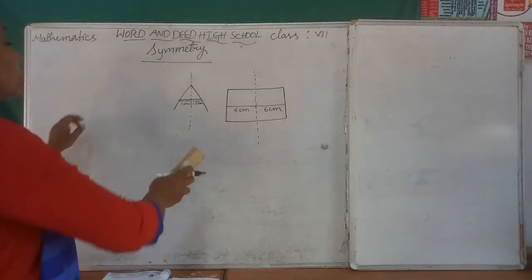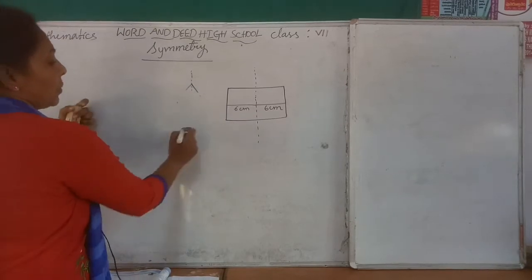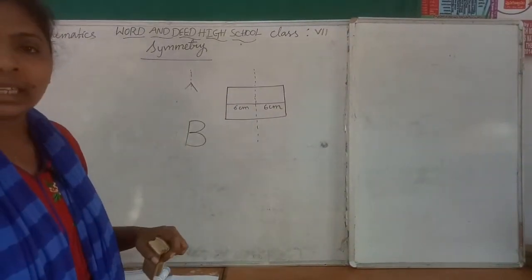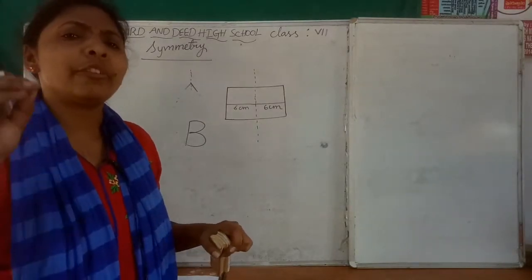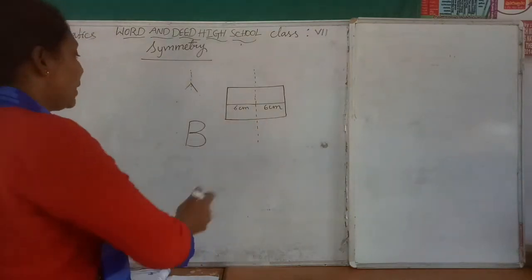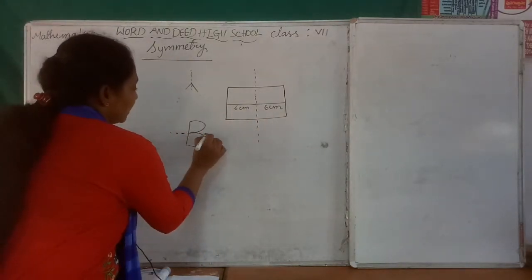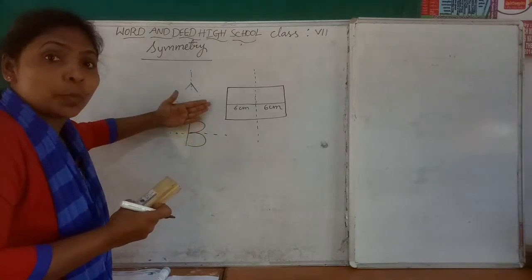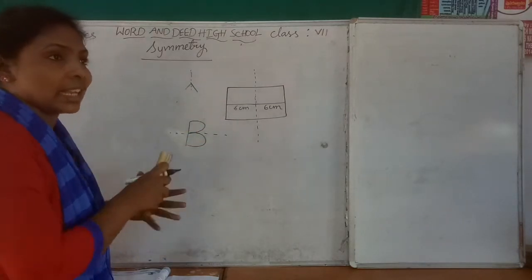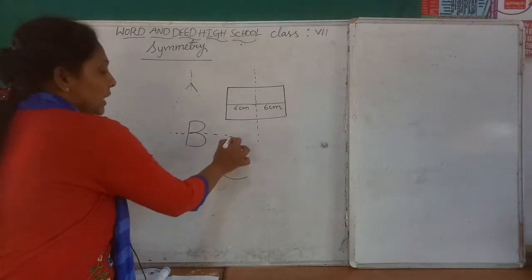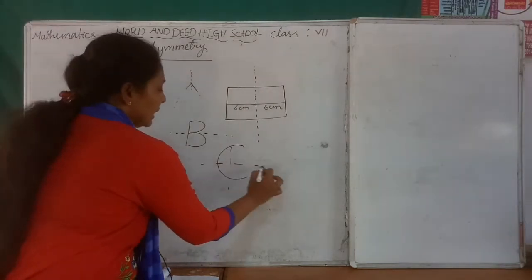Okay, so many alphabets we can take, children. Suppose B. Is it a symmetrical figure or not, children? Yes. So every figure has its own symmetry. Okay, how is it, children? See. Suppose we are folding like this, then the 2 parts should coincide exactly. Suppose C. So how can we fold, children? Like this or like this.